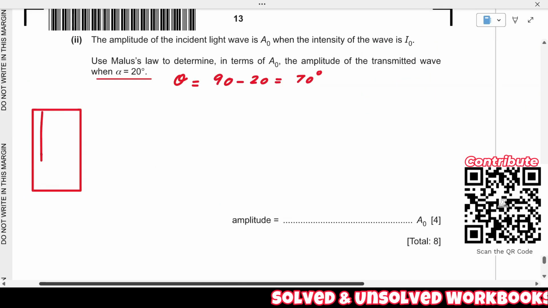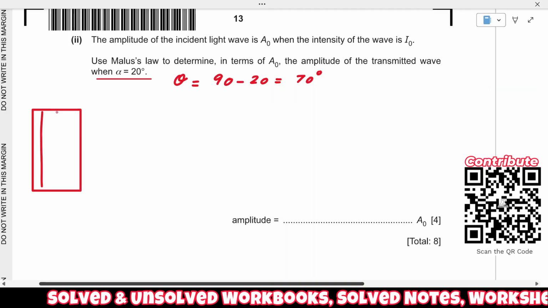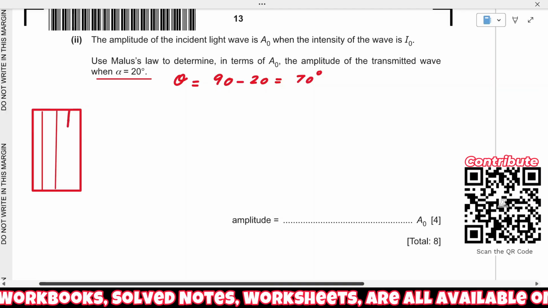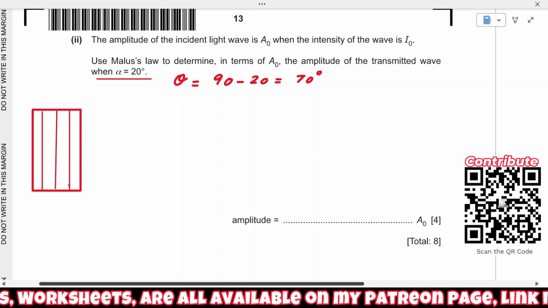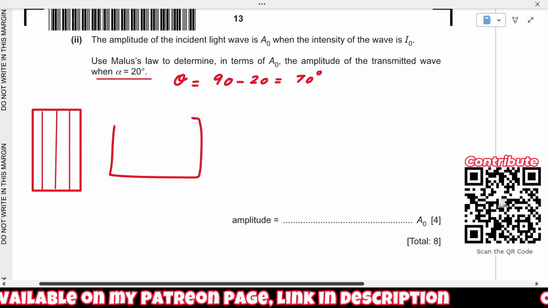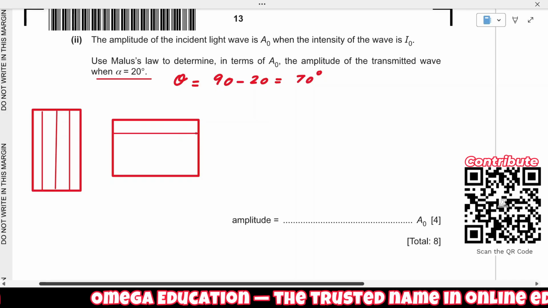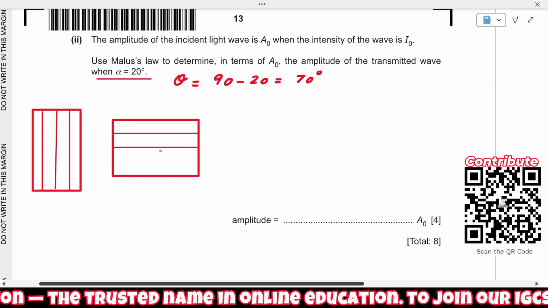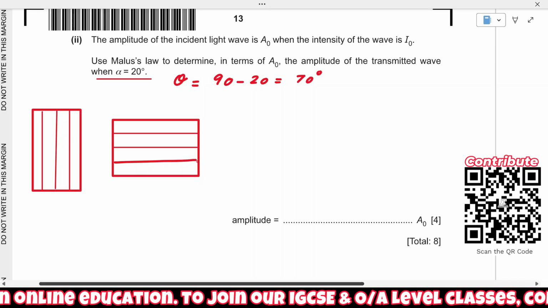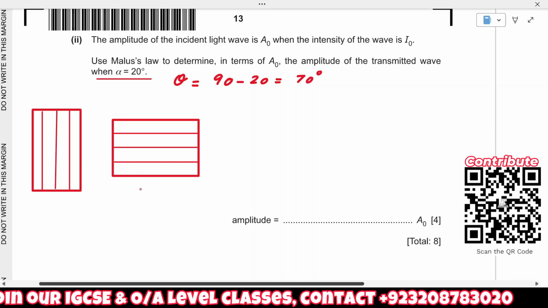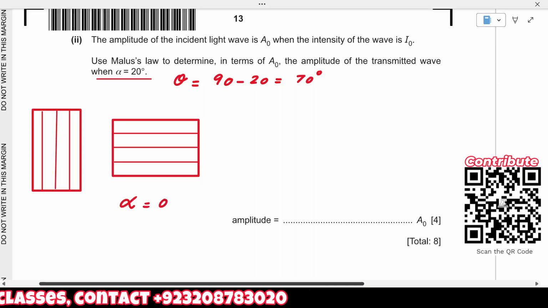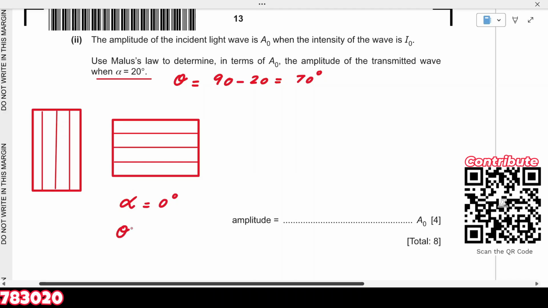So I can draw over here. Let's say this is the first polarizer, and initially the second polarizer was placed like this. And this is the position when alpha is 0, but the angle theta, the angle of the second polarizer with respect to the first one, is 90, because the second one is perpendicular to the first one.